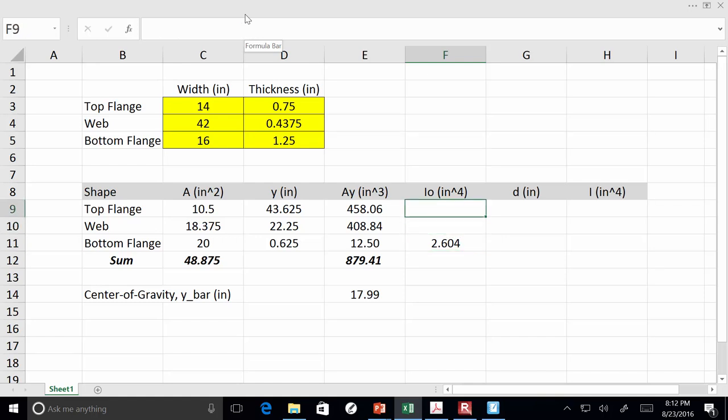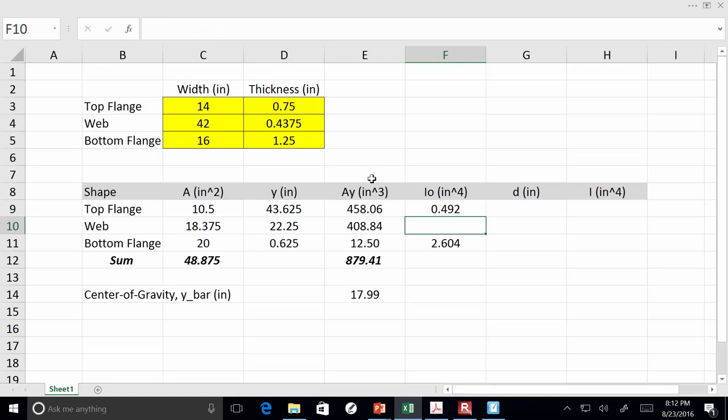Okay, for the top flange, similar instance. The width times the thickness. All right, so width times, and I'm not going to put the parentheses in. Sound good? Okay. Actually, I am. Now it's bugging me. Didn't matter, but.